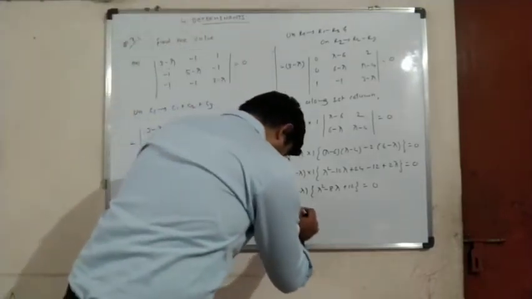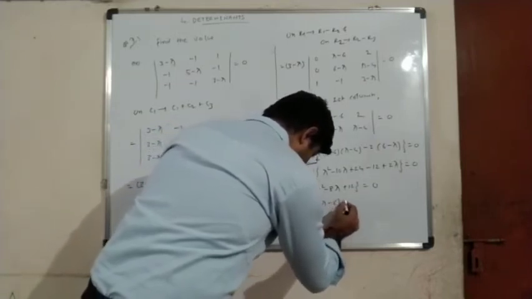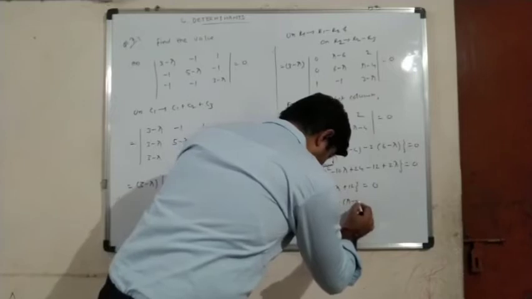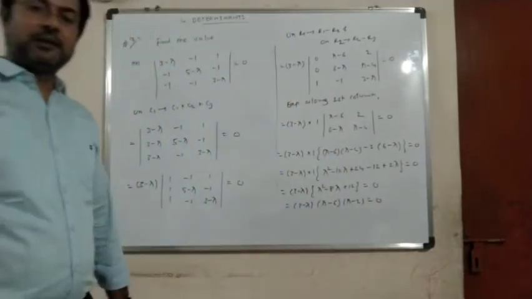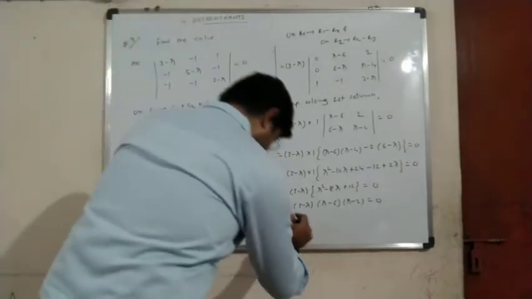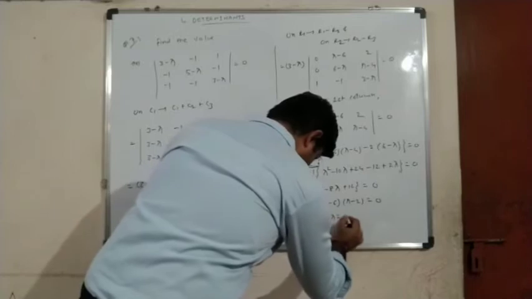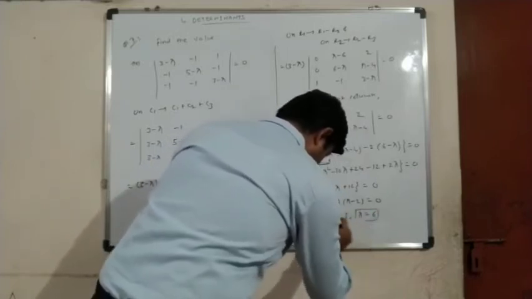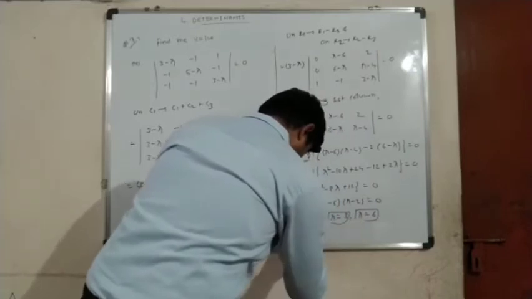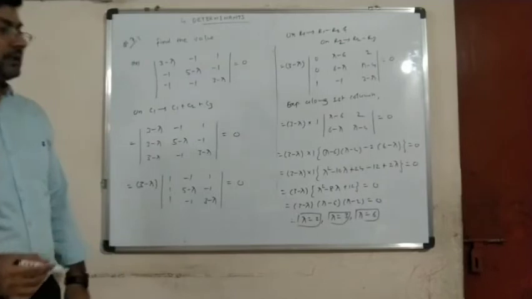So we get 3 minus lambda into lambda minus 6 into lambda minus 2 is equal to 0. Now equating each bracket to 0, we get lambda is equal to 2, lambda is equal to 3 or lambda is equal to 6. So we have got the three values of lambda. These are 2, 3 and 6.